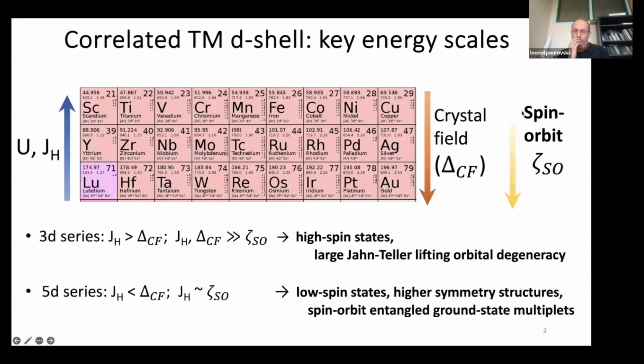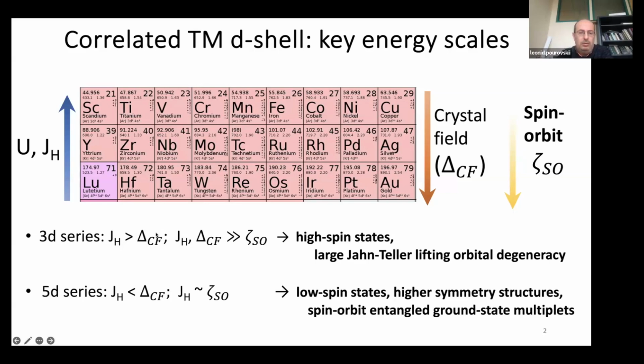So before going into the actual theory of what we do, I will start with just reminding key energy scales in these materials. Basically, if we look at the periodic table at transition metals and ask which is the ratio of relevant energy scales, then for the 3d series, typically Hund's rule coupling will be stronger than crystal field.